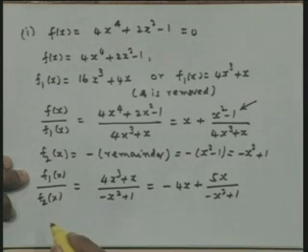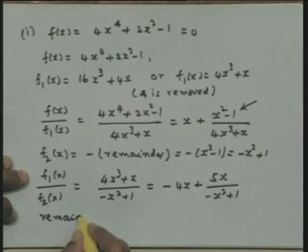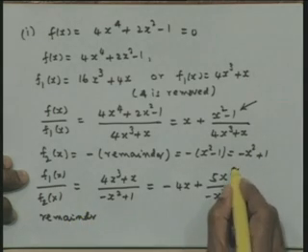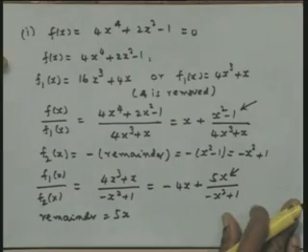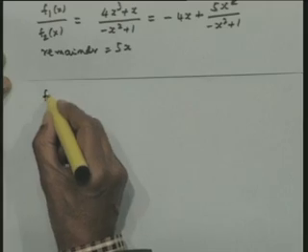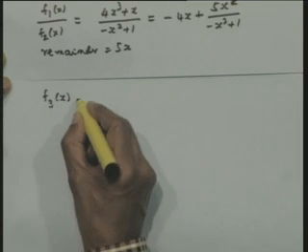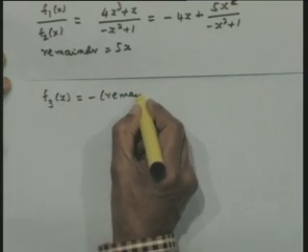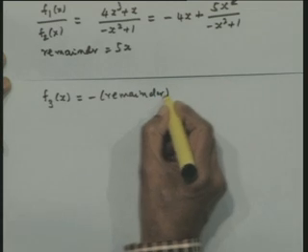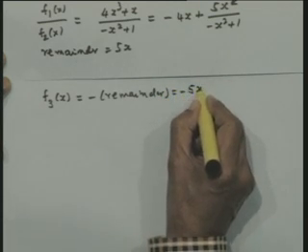Therefore, the remainder for this is this quantity, that is your 5x. Therefore, I would define my next function f3(x) as equal to minus of the remainder, that is equal to minus 5x.